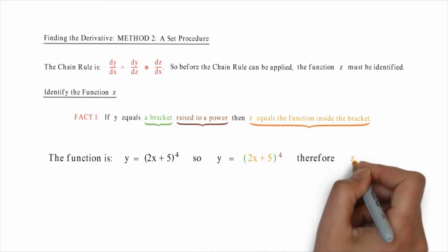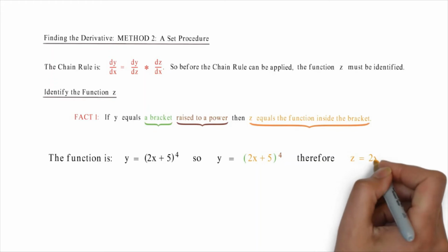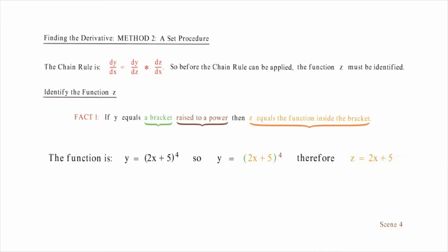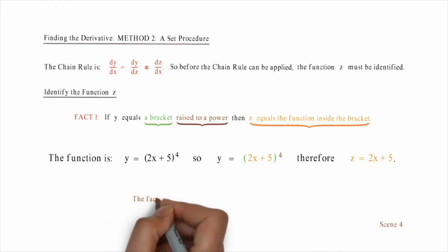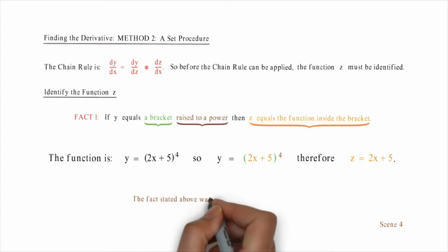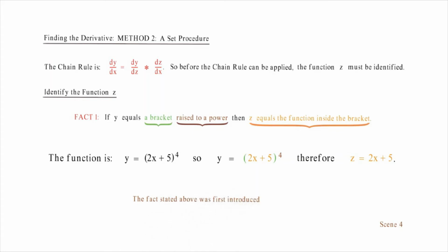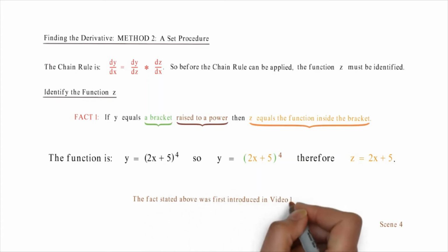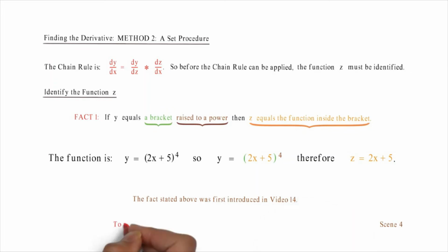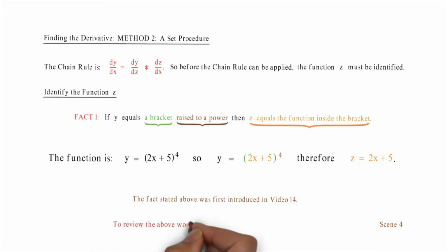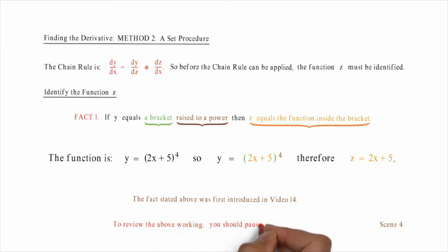Therefore, z equals 2x plus 5. The fact stated above was first introduced in video 14. To review the above working, you should pause this video now.